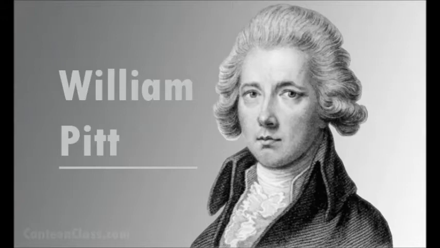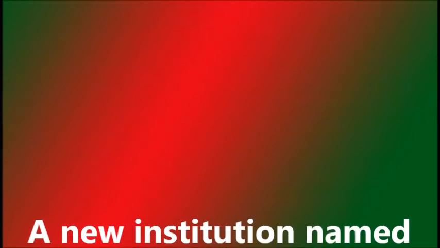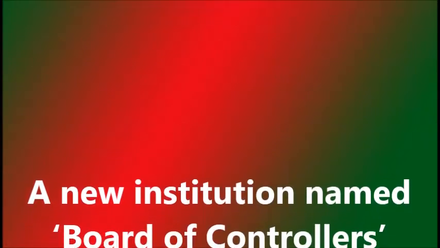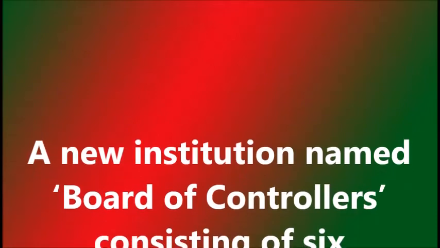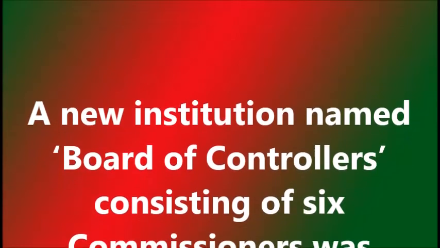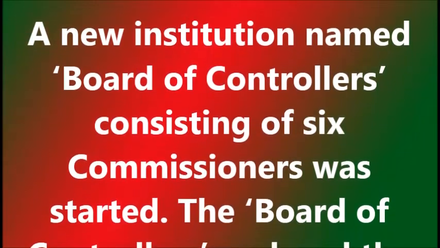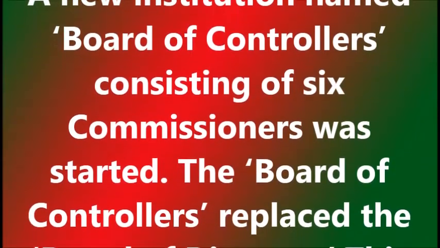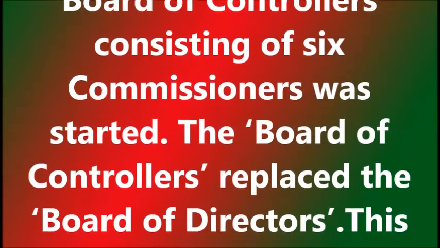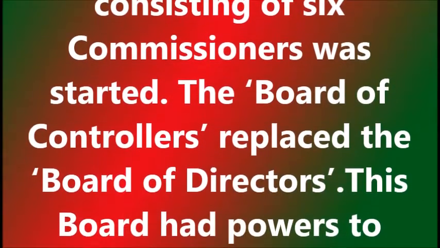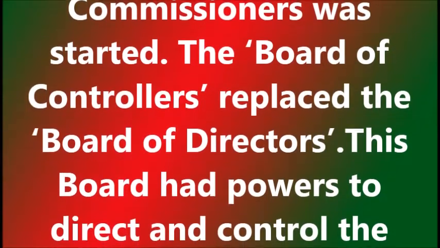As per Pitt's India Act 1784, a new institution named Board of Controllers consisting of 6 commissioners was started. The Board of Controllers replaced the Board of Directors.